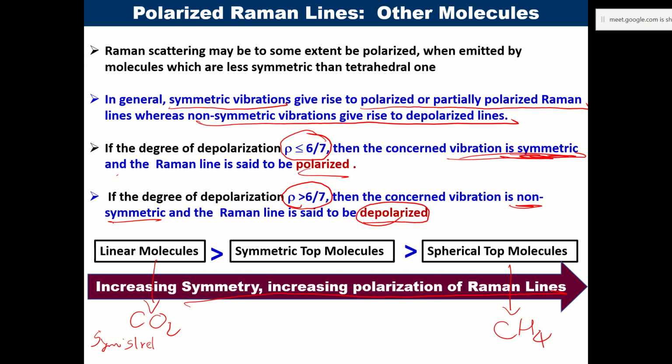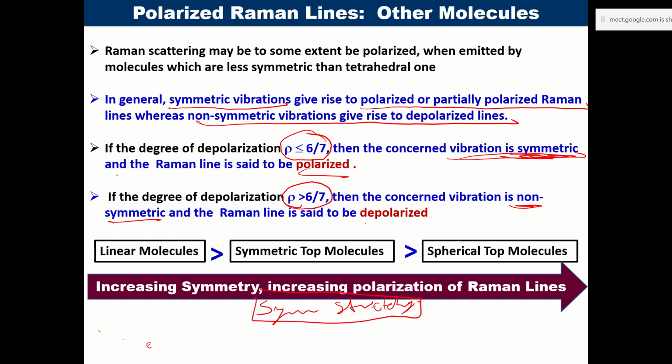Sorry. So if we try to observe symmetric stretching vibrations in all of them, symmetric stretching in linear molecules, symmetric stretching in spherical tops, all these lines will appear to be polarized, but the degree of polarization will be higher from left to right.